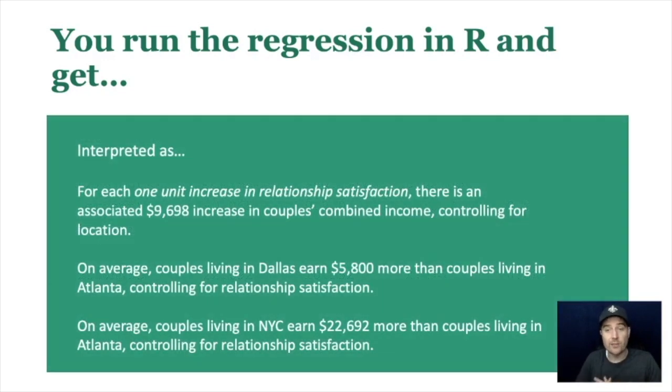For the satisfaction variable, we would say for each 1 unit increase in relationship satisfaction, there's an associated $9,698 increase in couples' combined income controlling for location. So again, we're controlling for location, but we're finding this relationship, and we're interpreting this in simple, raw effect size units. So we're saying a 1 unit increase in relationship satisfaction, there's a 10 grand almost increase in couples' combined income.